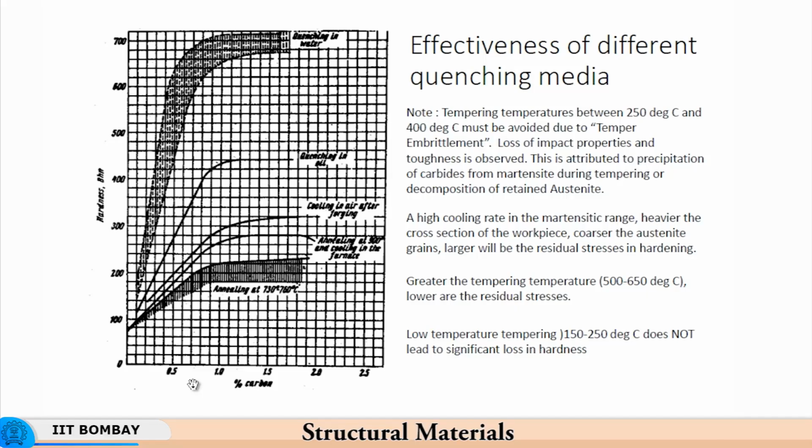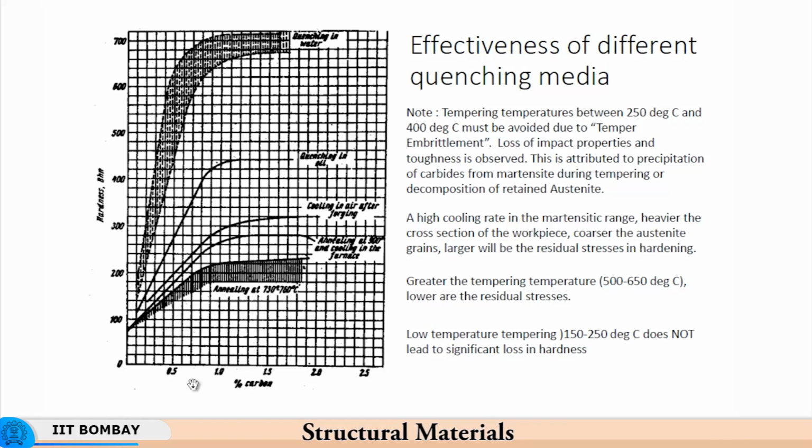As the carbon percentage increases, the hardness, particularly for the initial percentages of carbon, increases very rapidly. Typically up to 0.8% it will increase very rapidly, and thereafter it will taper off to a certain hardness range. So, you cannot harden indefinitely.